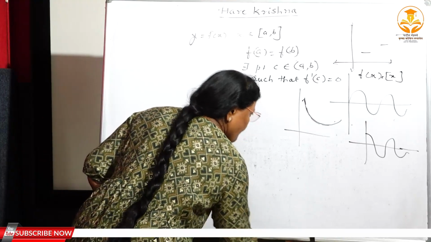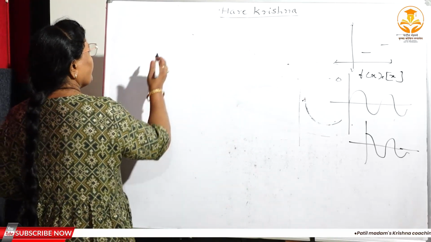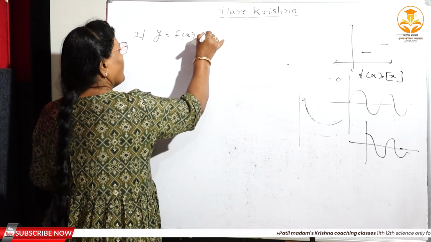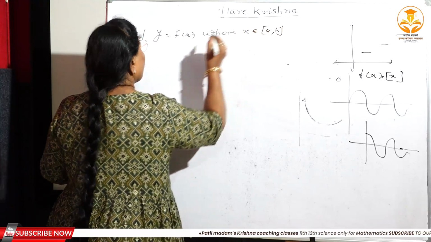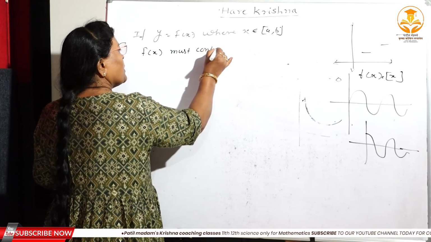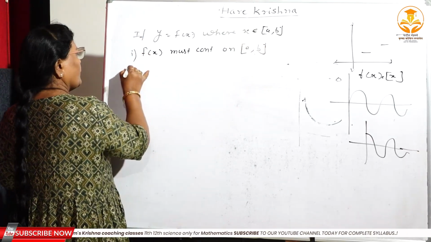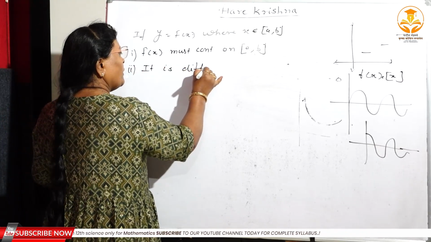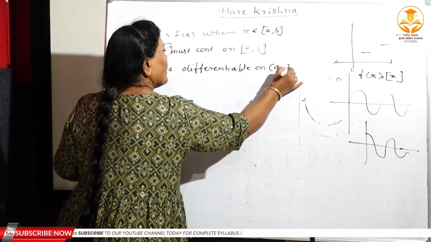Now see the geometrical interpretation of this. First write down the conditions of Rolle's theorem. Now if y is equal to f of x, where x belongs to a comma b, here f of x must be continuous on the closed interval a comma b, differentiable on the open interval a comma b.